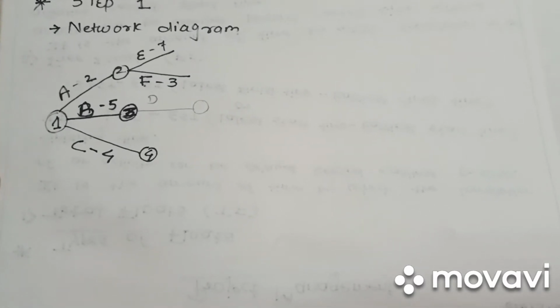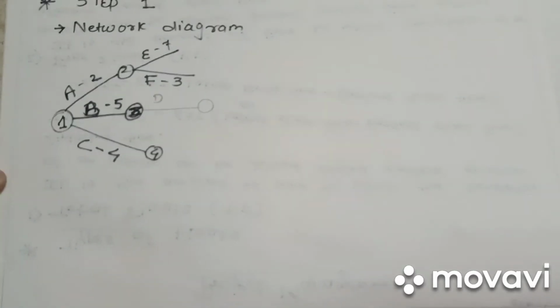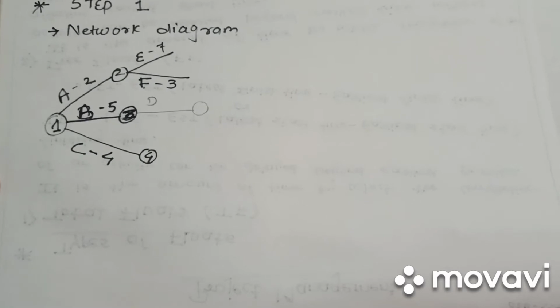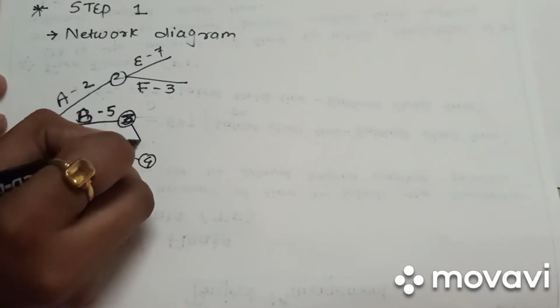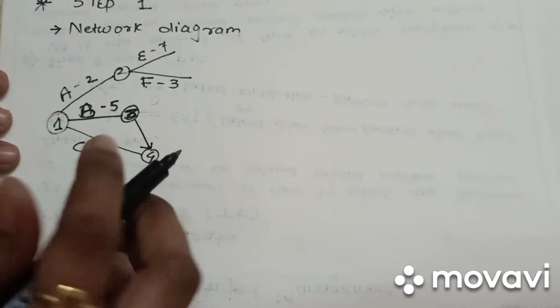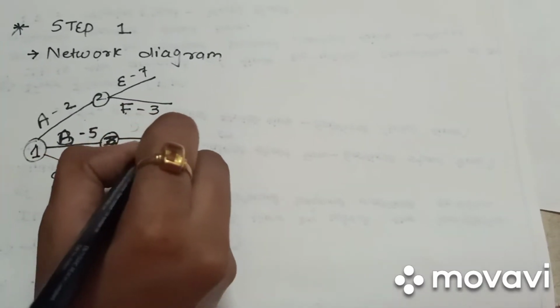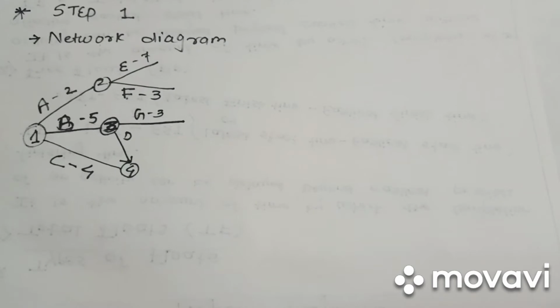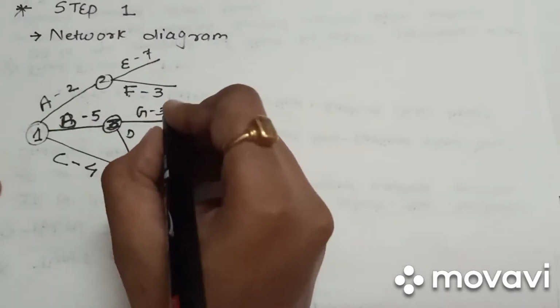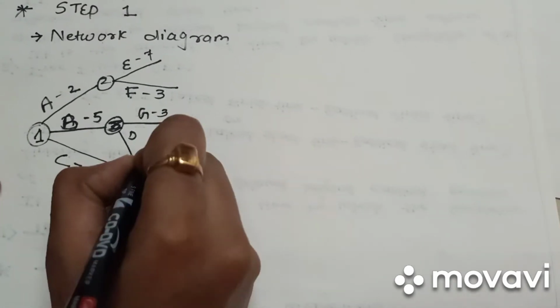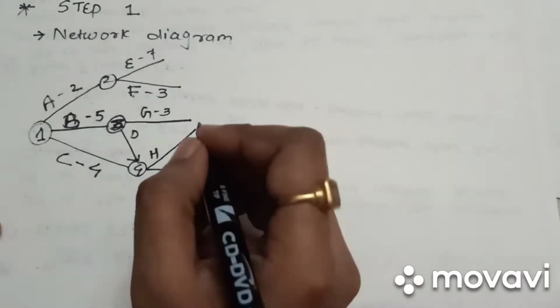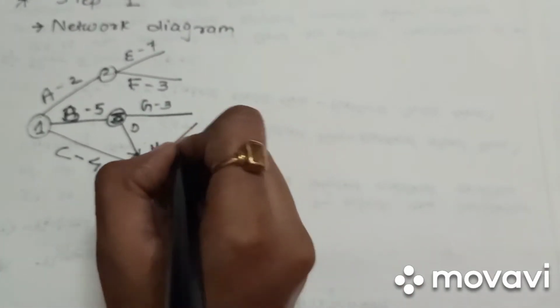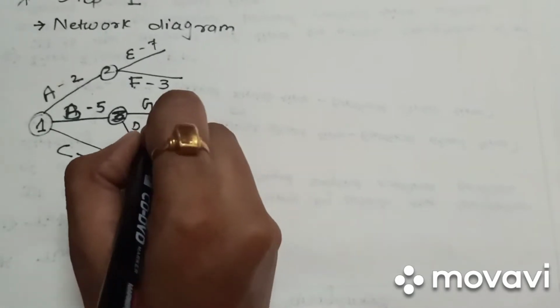For G the preceding activity is B, and for H the preceding activities are C and D. So for C and D, we have to rewrite this line by joining C and D at ending node 4, and draw a line for G over here, and the timing is 3 for G. C and D are the preceding activities of H and I. For H the timing is 6, for I the timing is 2, and for D the timing is 5.